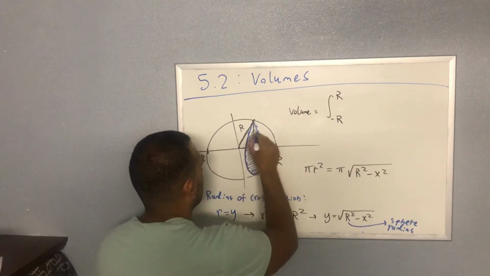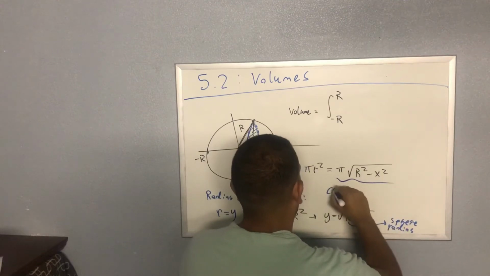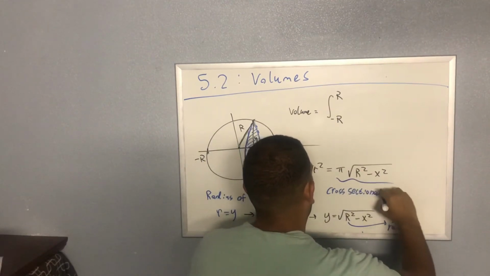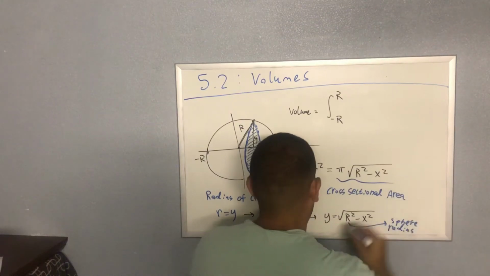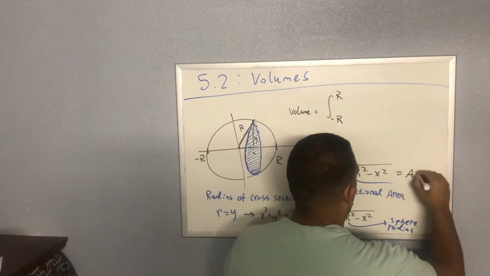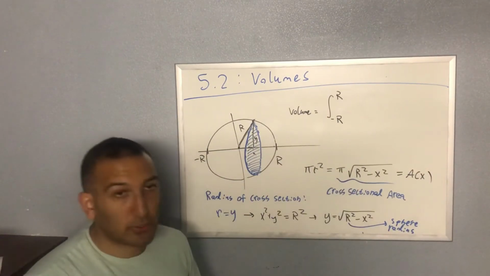This is what the cross-sectional area is. This is A of x. Because see, this function depends on x, which is really good.